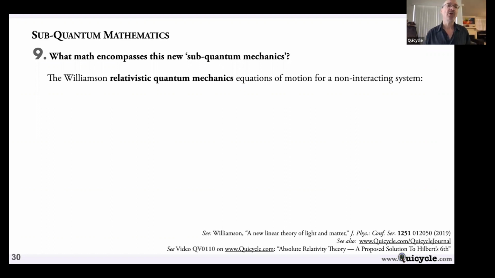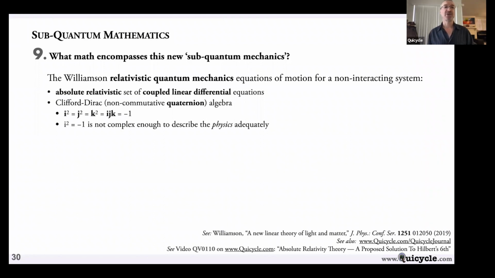We are going to now look at the Williamson equation. It's a fully relativistic equation. It's for a non-interacting system. The first important thing to notice is that this is going to be a Clifford-Dirac algebra. It's a quaternion algebra.